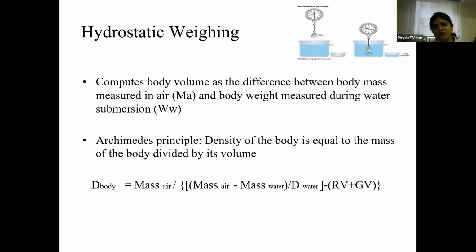So density of the body equals mass air divided by mass air minus mass water divided by density of water, minus RV, that is residual air and residual volume, plus the air which is present in the gastrointestinal tract.